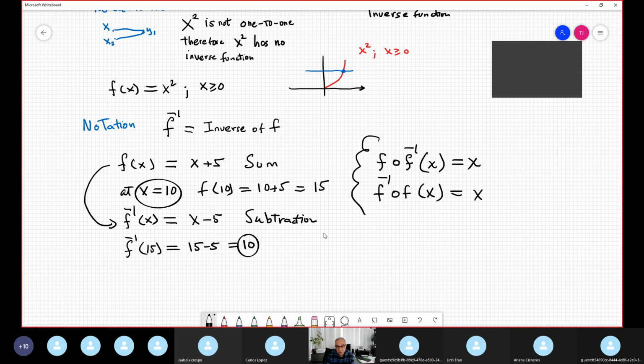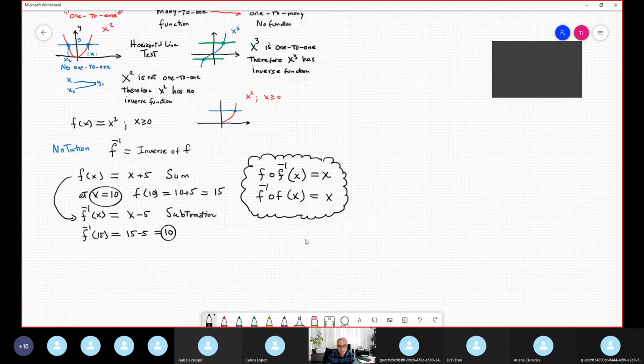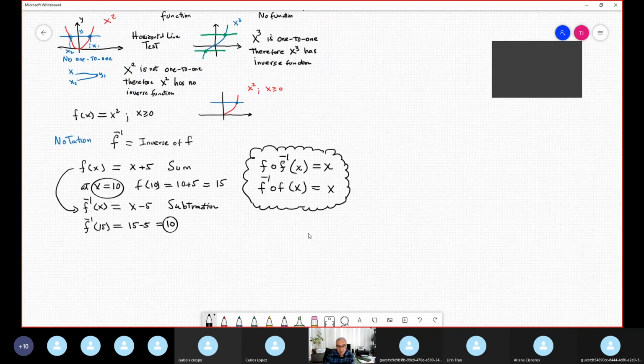So we use this fact to verify whether the formula we found for the inverse is good or not. This is a double check, right? And keep in mind one more thing before the example, theoretical.